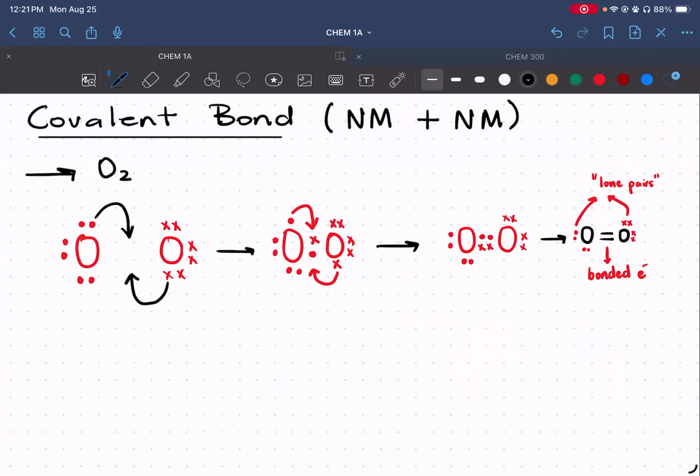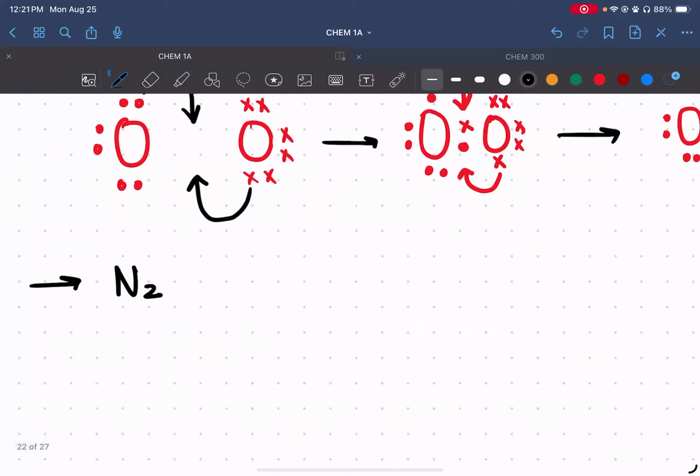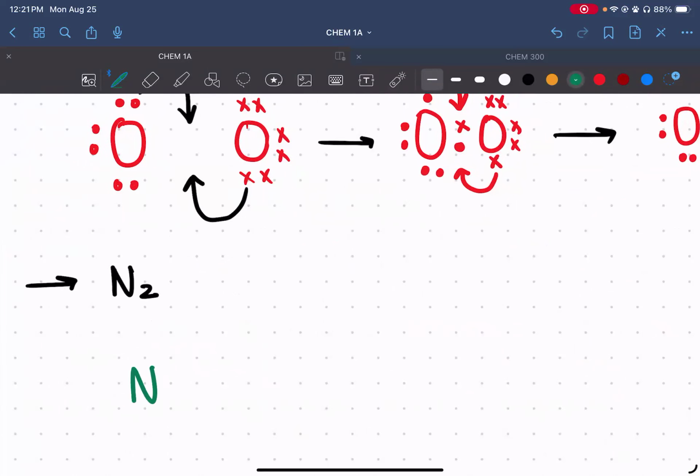Let's try another one. Let's try N2. N is nitrogen. Finding it on your periodic table, it's actually to the left of the oxygen. It's in group 15. Nitrogen is in group 15. Group 15 has 5 valence electrons. First things first is we're going to share one.